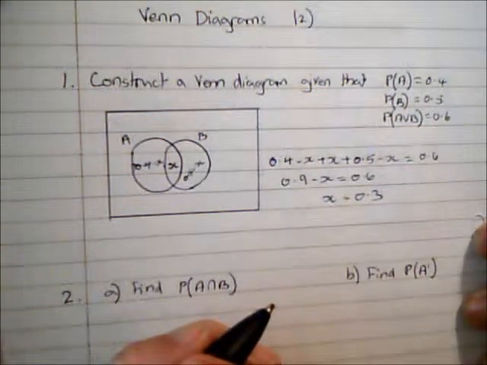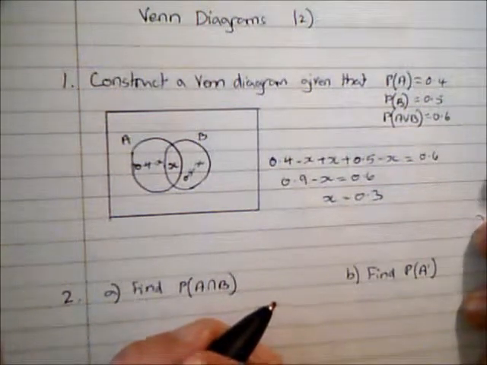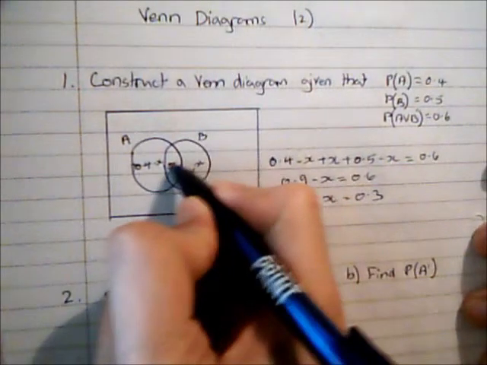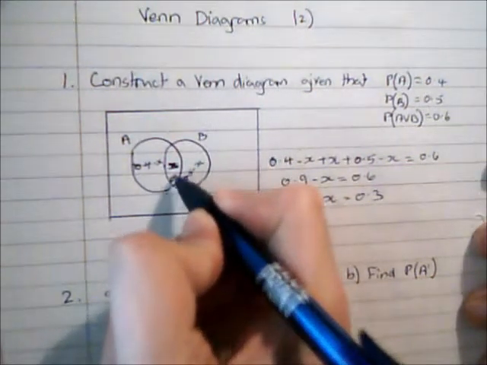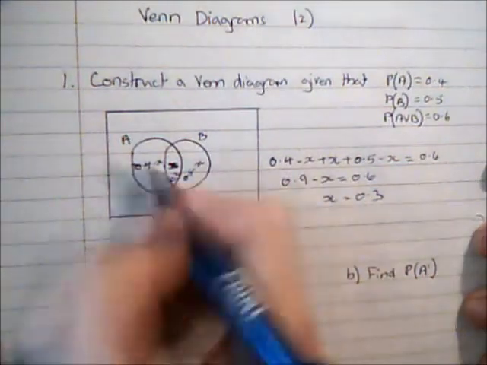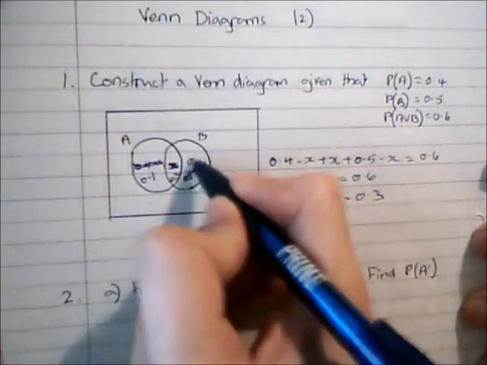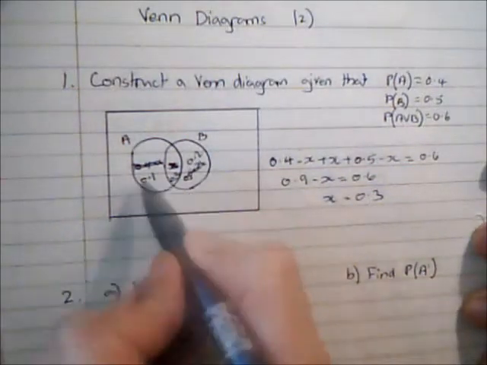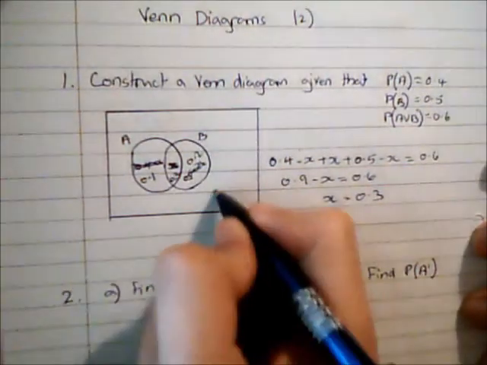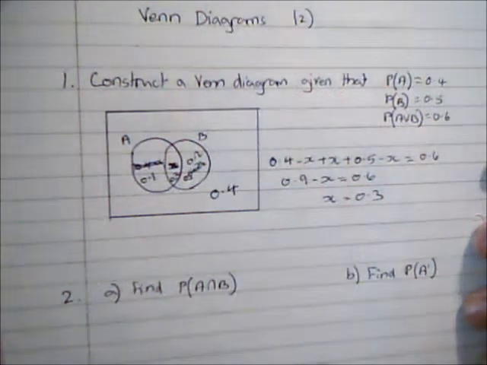Now I know X is 0.3, I can work out all my probabilities. So this is not X, this is 0.3, which means this is 0.1, and this is 0.2, so 0.2, 0.3 and 0.1 is 0.6, so the outside region must be the 0.4.